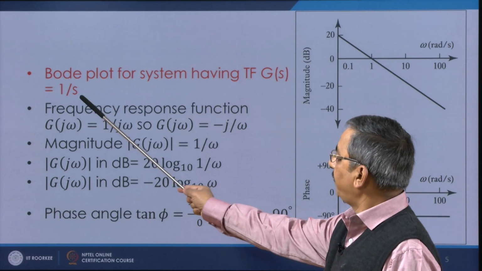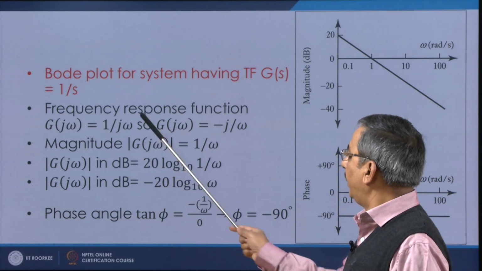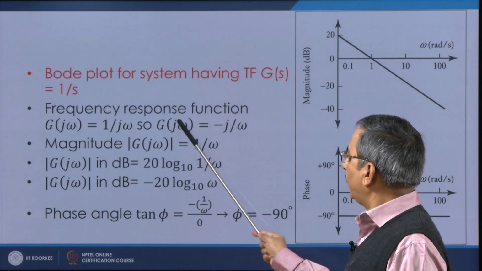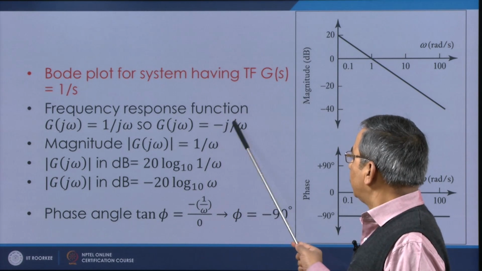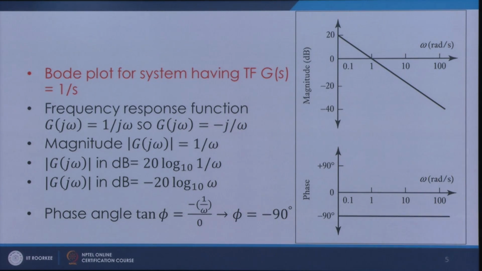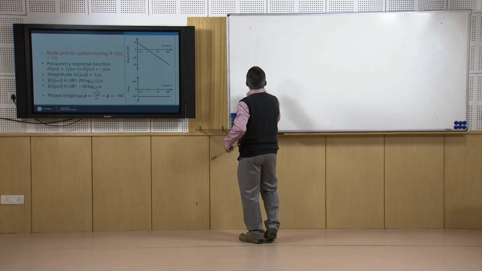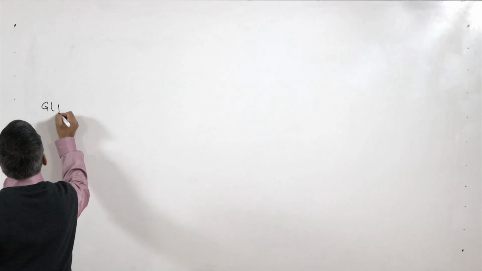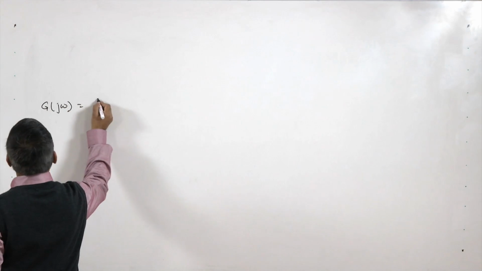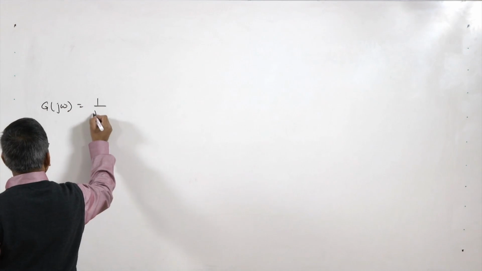I am replacing this s with jω. So, this G(jω) I can write as minus j by ω.